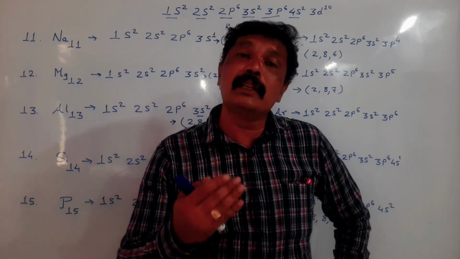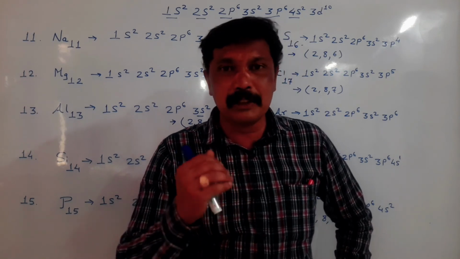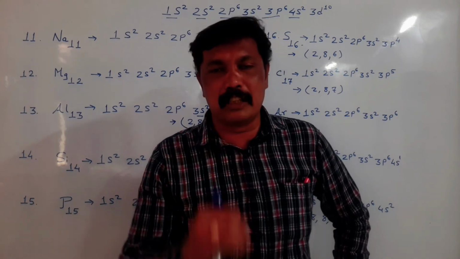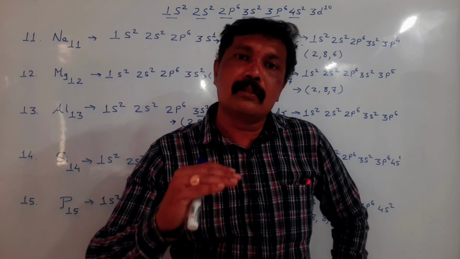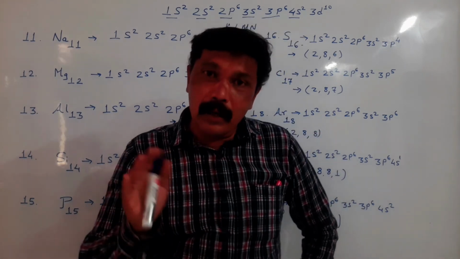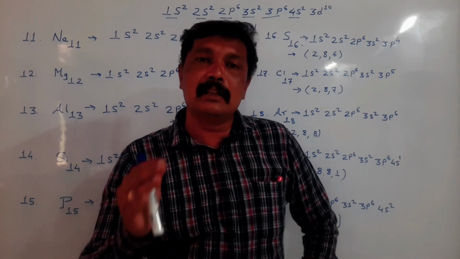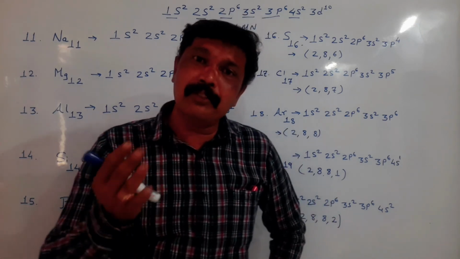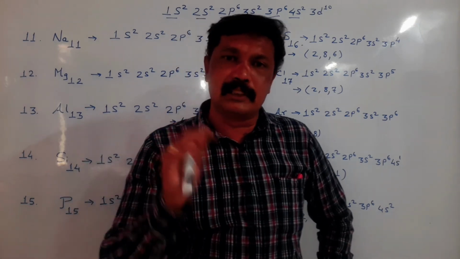Then we also studied Aufbau's principle. In this principle, a definite pattern was given in which electrons were added in different subshells according to the increasing energy level. The capacity of each subshell was also decided.